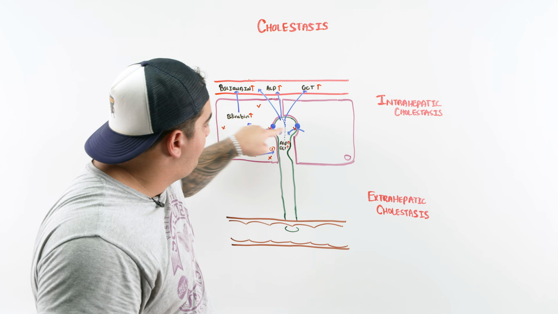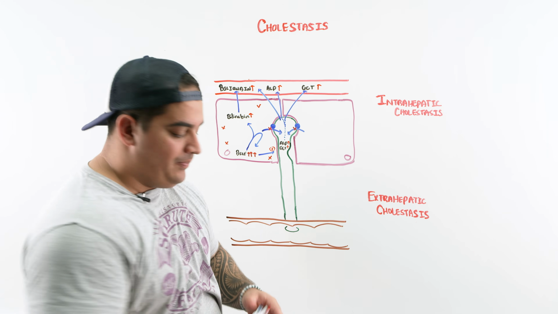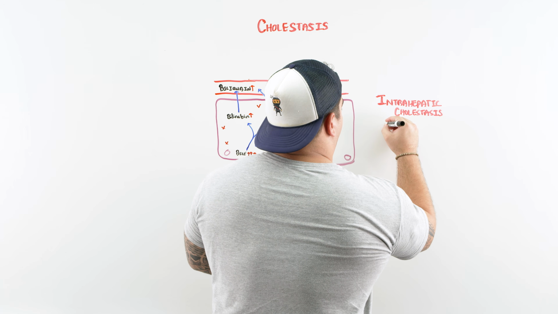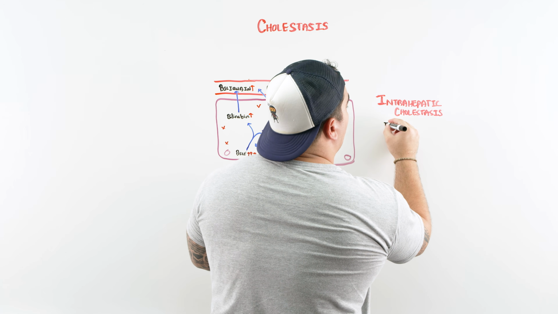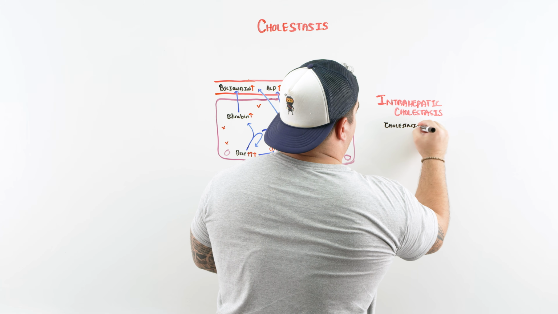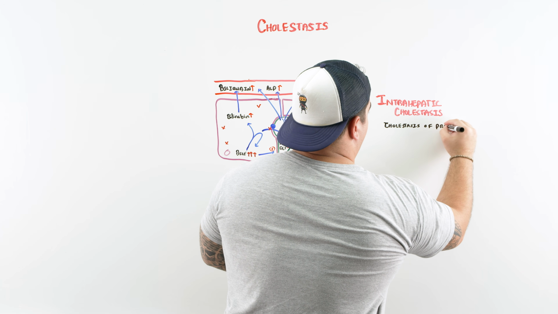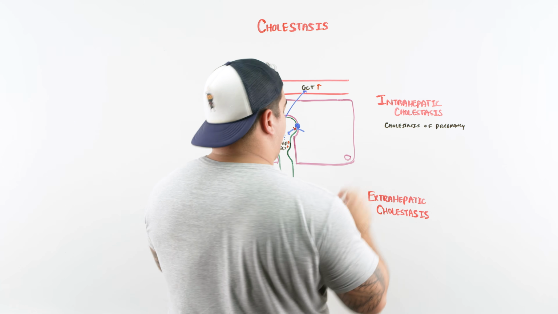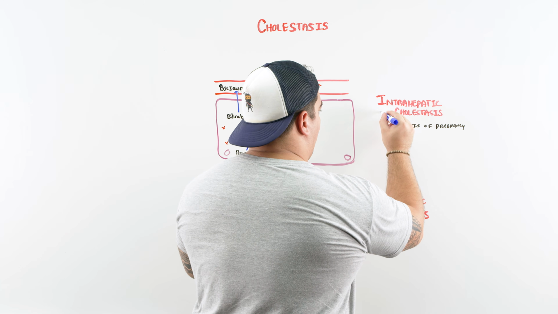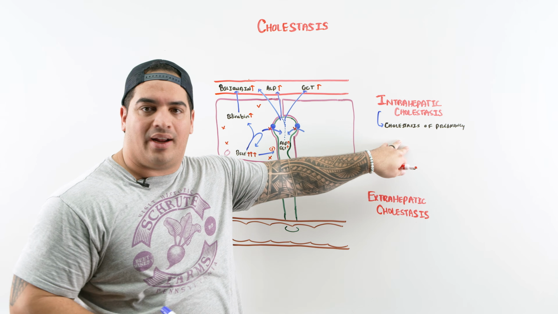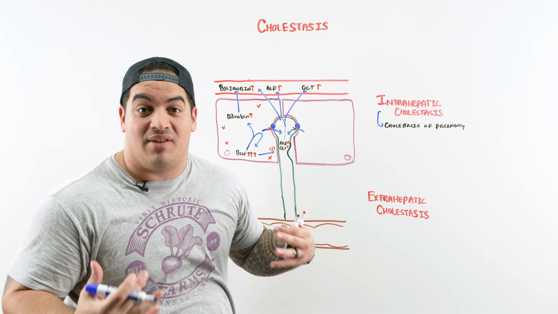What's causing this particular problem is the question. There's a couple of things. One is what we call cholestasis of pregnancy. This is a huge one, because in patients who are close to the third trimester or around that, there are usually high levels of estrogen.